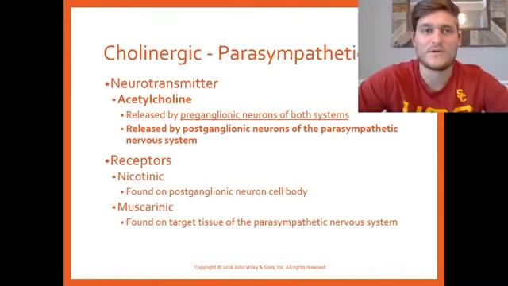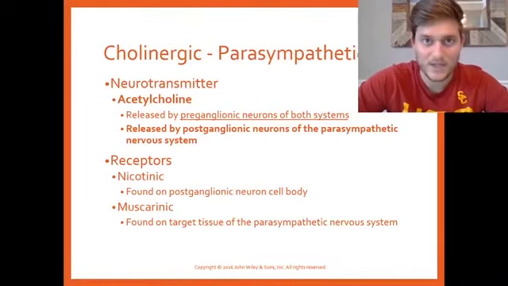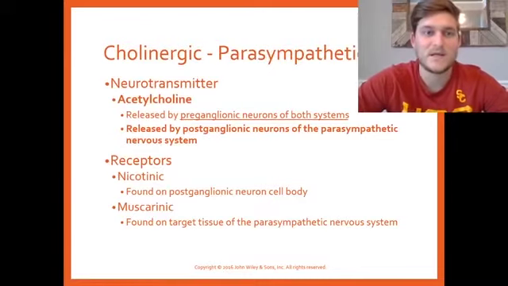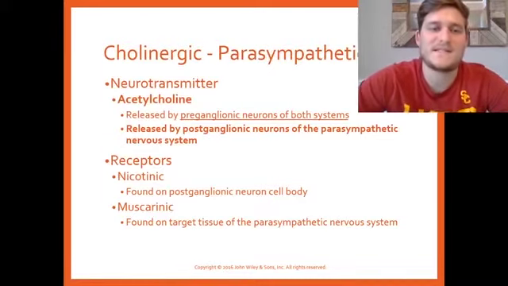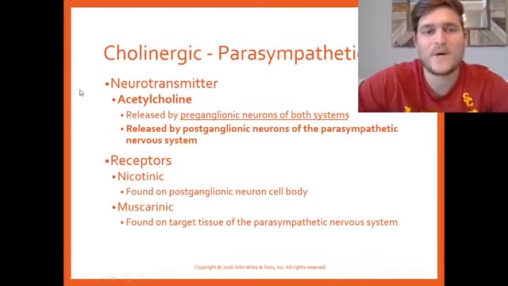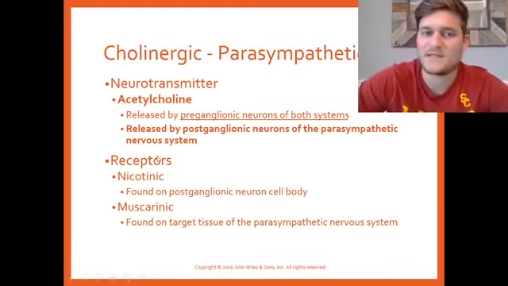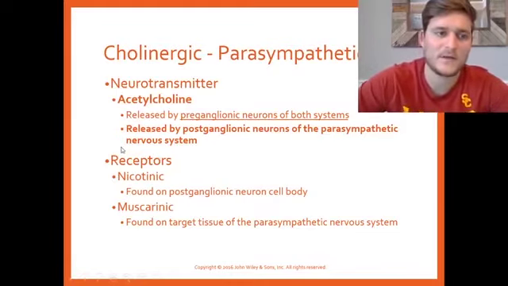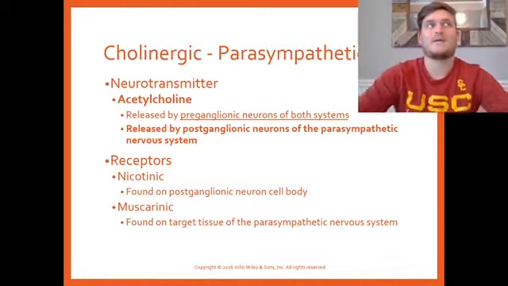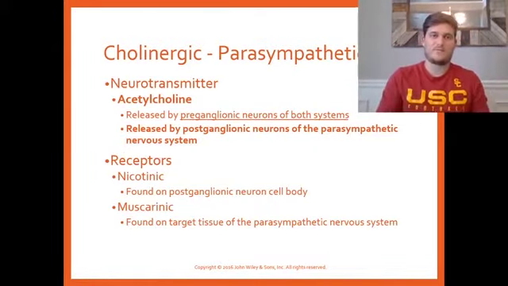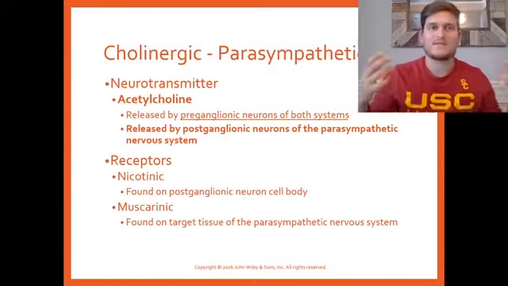So again, cholinergic, or the parasympathetic division of our autonomic nervous system, the neurotransmitter is acetylcholine, but I believe I said this earlier in other videos. A neurotransmitter is just a signal, and the action that takes place is just based on what receptor and what cell it is binding to.